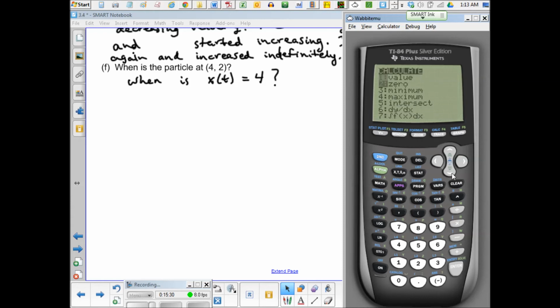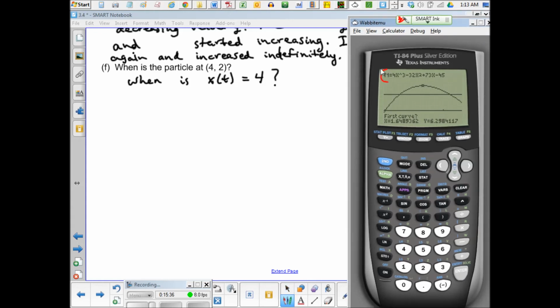Then I'm going to do a calc, intersect. Curve y1 as my first curve. Second curve is y3. It automatically highlights that when I pressed enter, because y2 is turned off right now.